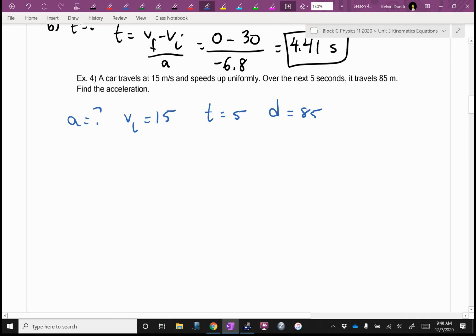Which equation? D equals VIT plus a half AT squared. Now, if you want to write that down, you can, but look at it on your green sheet. Look at it, look at it, look at it. See where the A is. See it?